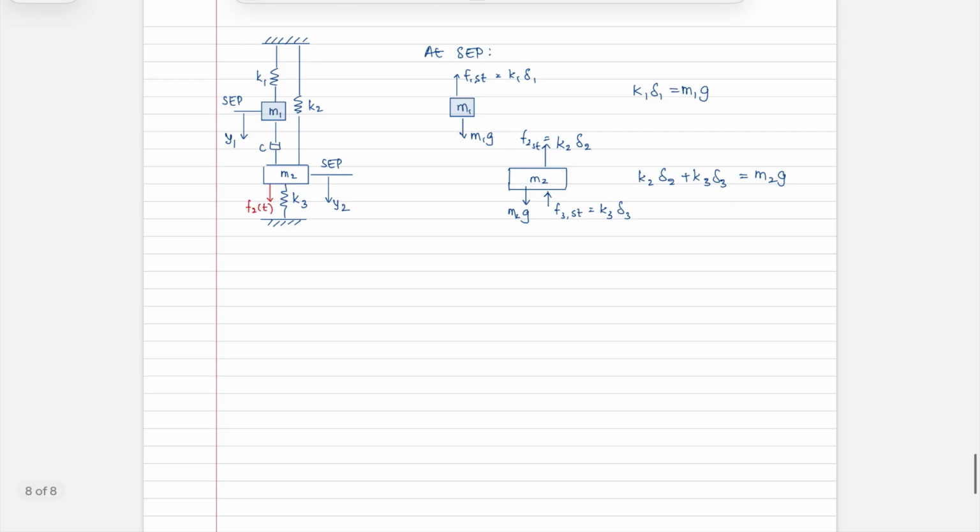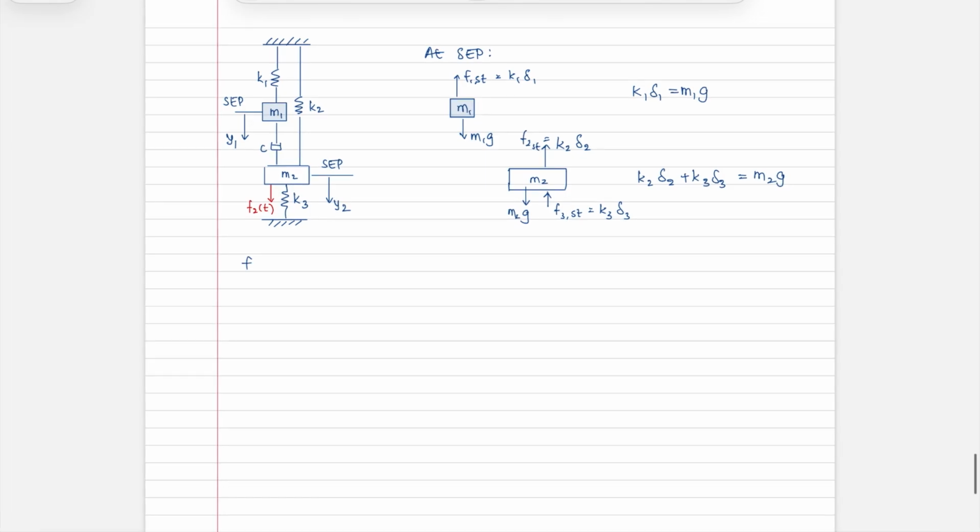Okay, now let's look at the case where it has moved from the SEP. And so now you have in spring 1 a total deflection from the natural length of delta 1 plus y1, and the restoring force will be K1 times that, going to be in tension.